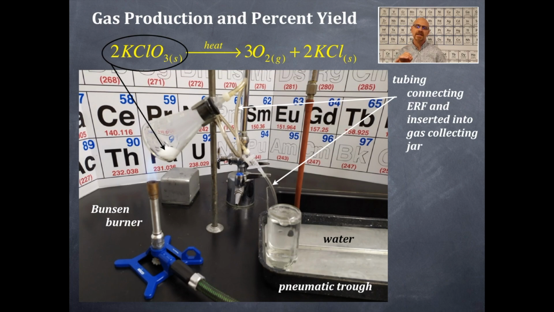Okay, there's tubing that's connecting the Erlenmeyer flask all the way, and it goes underneath, inside of this pneumatic trough, inside the metal rivet parts of this pneumatic trough, and into a hole. Okay, so that any of the gas that is produced in the Erlenmeyer flask is now transferred into that jar that's tipped upside down, that is completely filled with water right now. So it's a water displacement gas collection experiment.